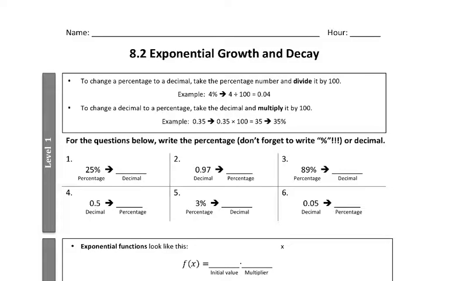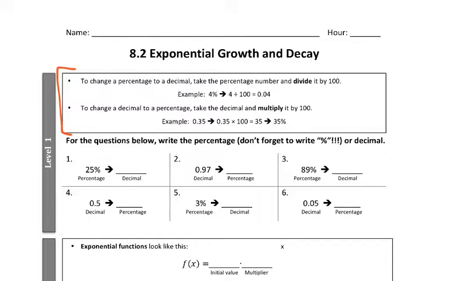To change a percentage to a decimal, you divide that percentage number by 100. To change a decimal into a percentage, you multiply by 100.